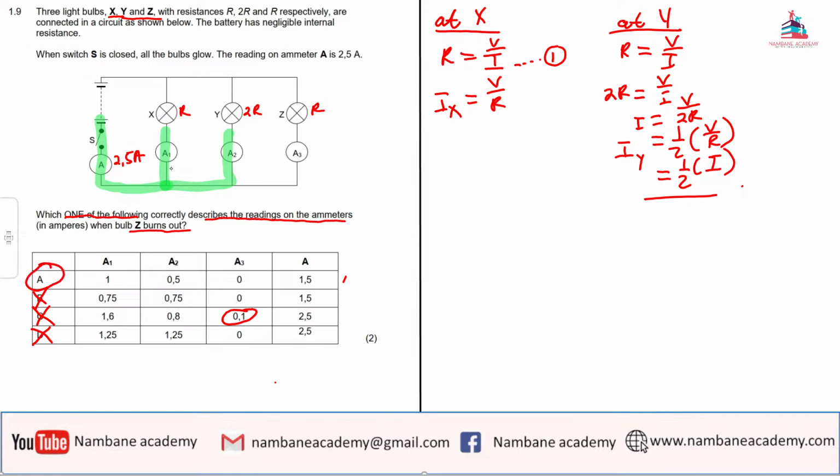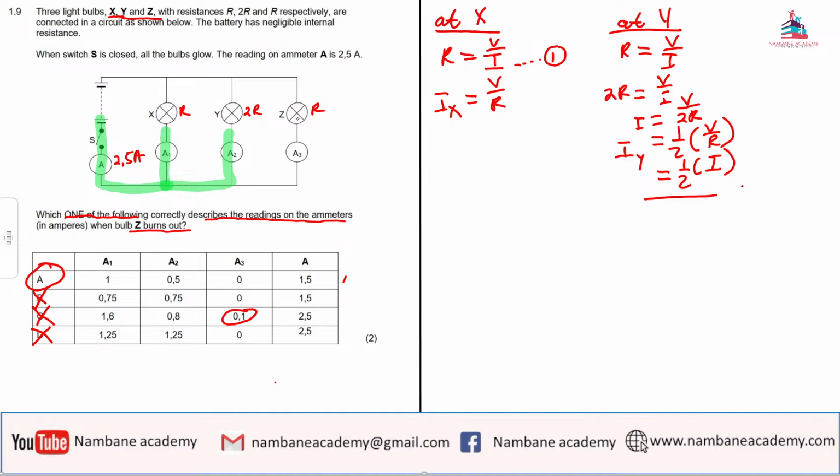If at 1, A1 is passing 1, then A2 must be half of that. A3 must be 0. Why? Because there's no current passing there. Remember, when we connect more resistors in parallel, we are actually decreasing the resistance.